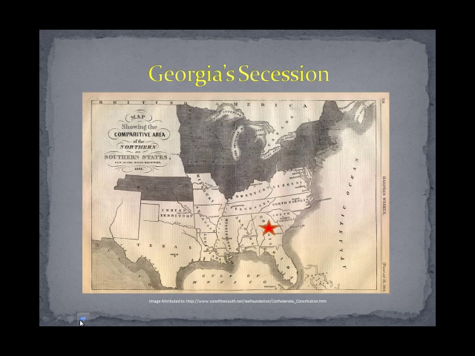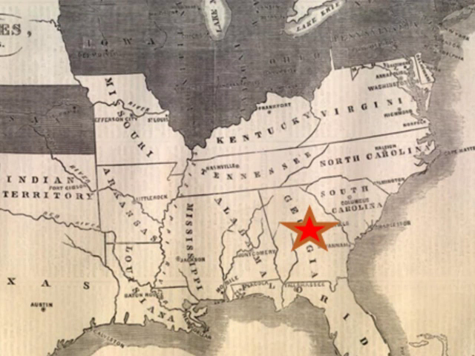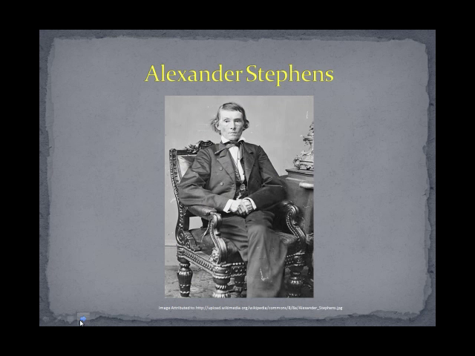After Lincoln was elected as president, Georgians started talking about leaving the Union. This is called secession. The majority of Georgians believed in states' rights, but were also committed to the Union. The time had come to make a choice. Should Georgia leave the Union? Alexander Stephens of Crawfordville, Georgia, led the cause for Georgia to remain in the Union.